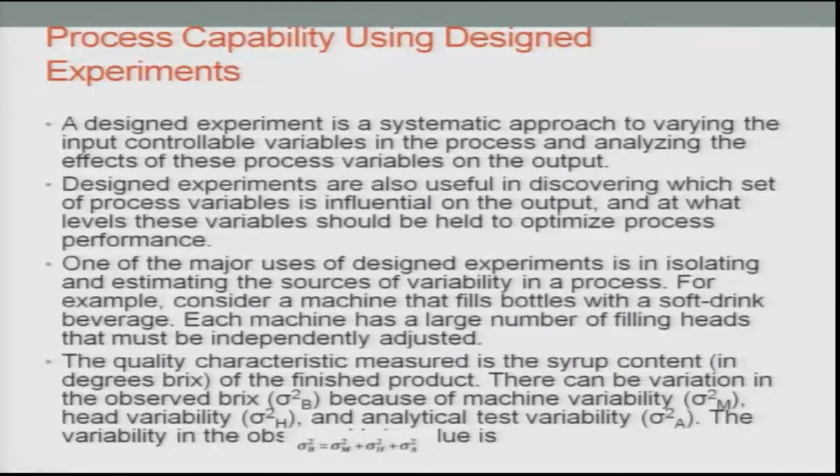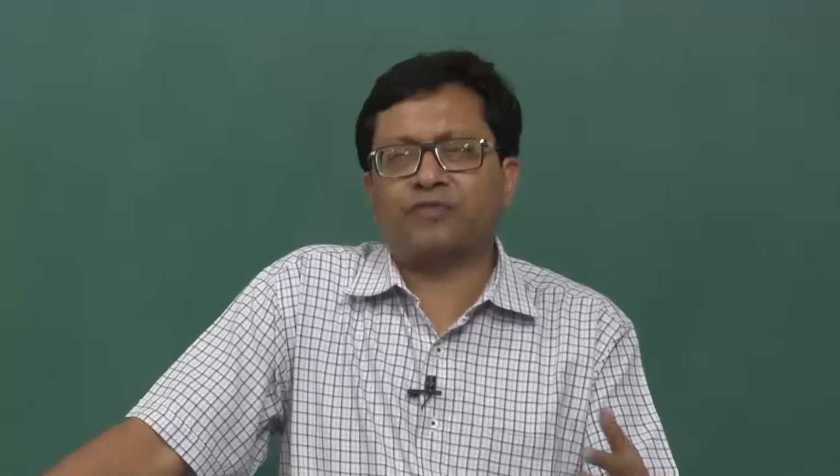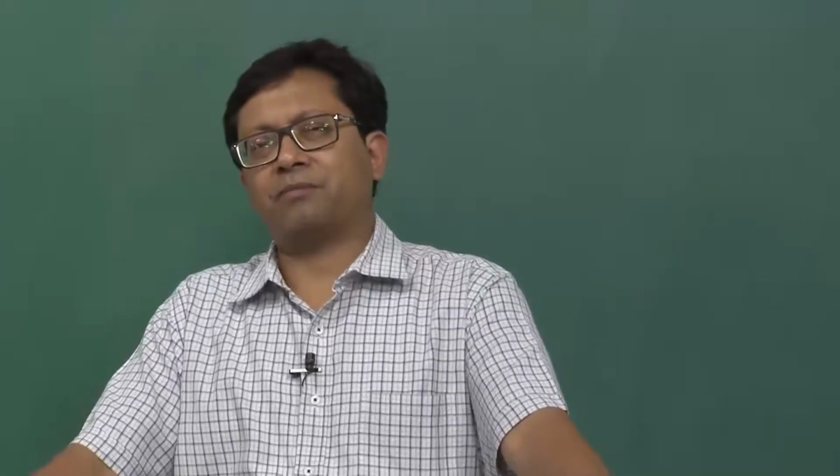The quality characteristic measured is the syrup content in the bottles of the finished product. So, there can be variability due to the machine, due to the head, and different types of variability can occur. You want to find out the variability of the observations, which technically would be the sum of all the variabilities.